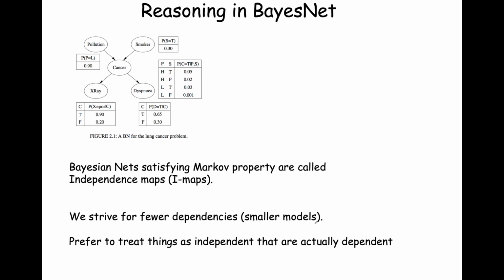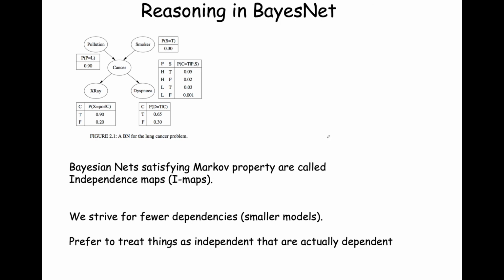What we strive for in general is fewer dependencies. These give us smaller models because fewer dependencies means smaller conditional probability table entries. So in essence, we'll prefer to treat things as independent that actually are dependent, because it means we can have smaller models which are more tractable. Is that absolutely faithfully correct?